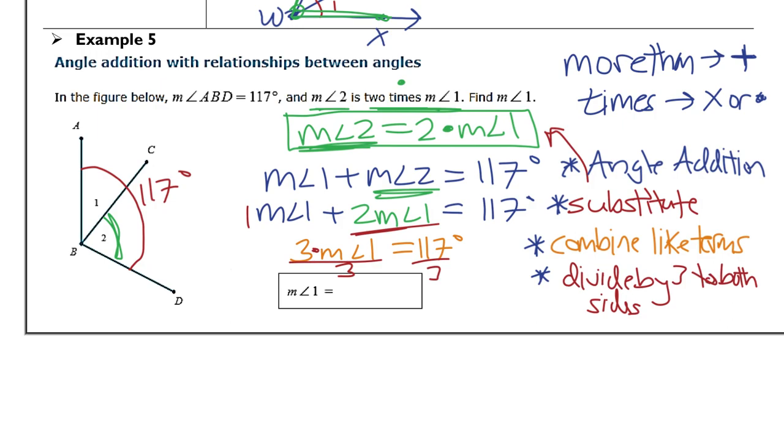And then what we have very nicely is that the measure of angle 1 is in fact 117 divided by 3, or 39 degrees. And that would be my final answer. Now you could find the measure of angle 2 very easily by just subtracting 117 minus that, because we know that 39 plus something is 117. But that would be how we would find that angle.